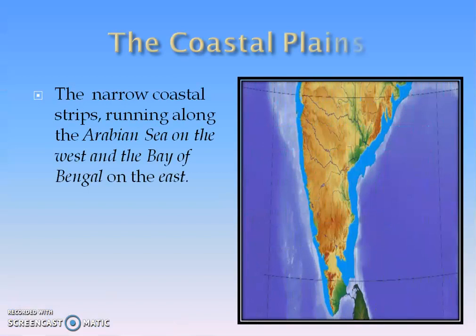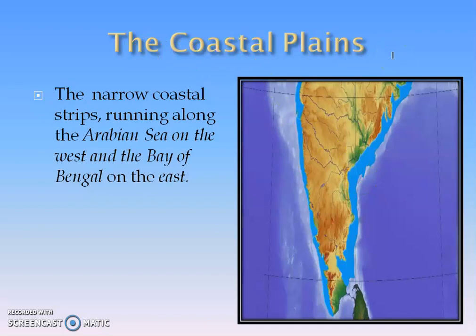Now let's move to the next topic, the coastal plains. What are coastal plains? The narrow coastal strips running along the Arabian Sea on the west and the Bay of Bengal on the east are known as the coastal plains.